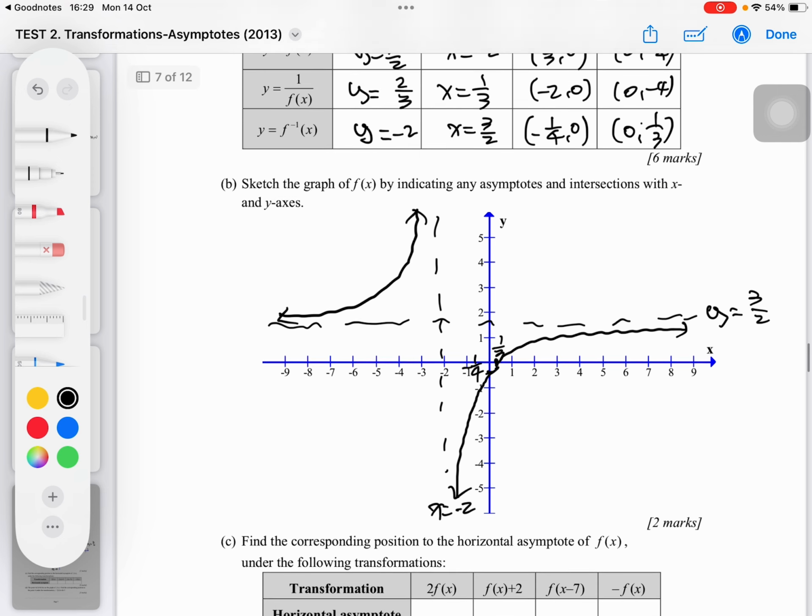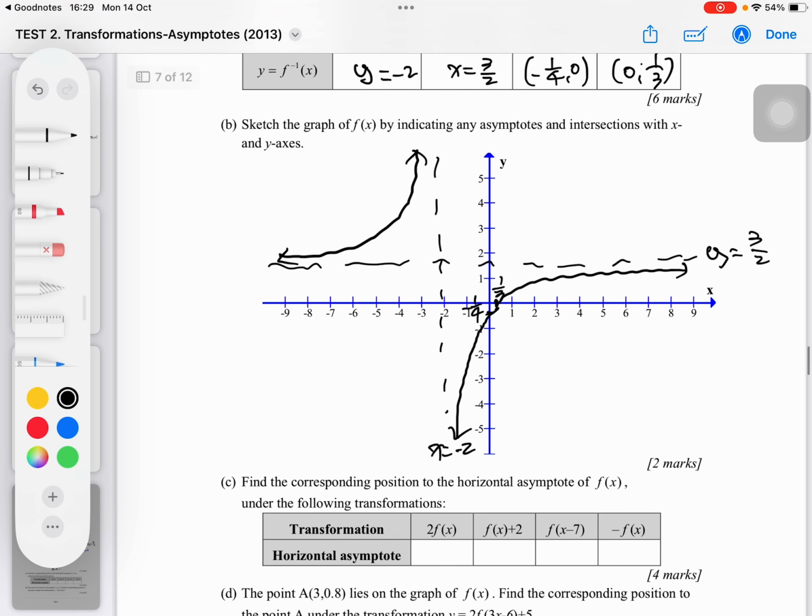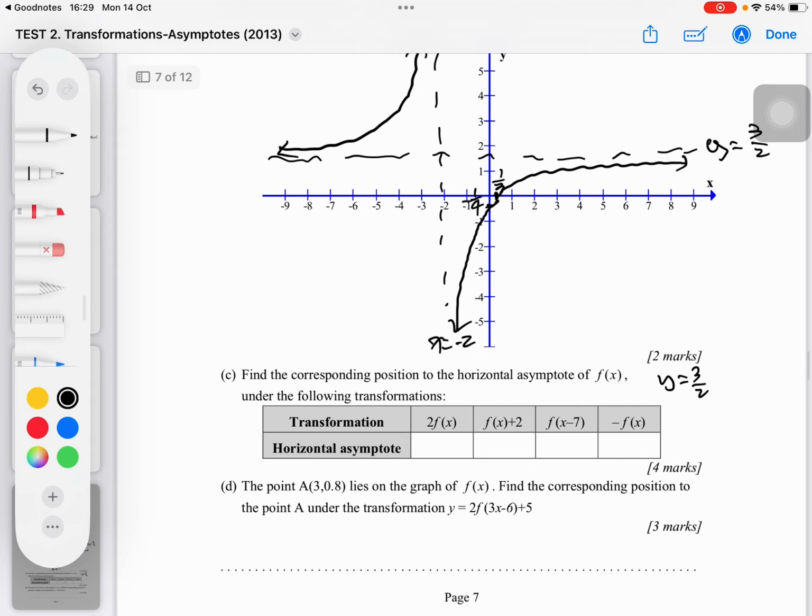So originally, f of x horizontal asymptote is y equals 3 over 2. So this will be affected only by the vertical transformation. So the first one, vertical stretch, so it gets affected. So y becomes 3. This is vertical translation, up 2 units.